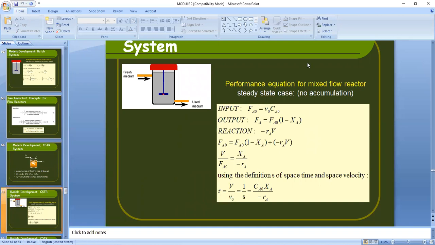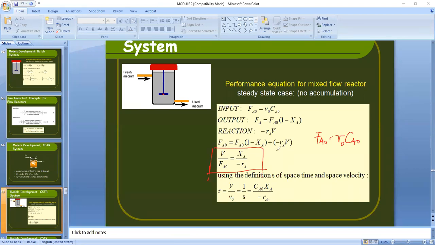That formula is this. So if you intend to make a summary of formulas, this would be the formula for your mixed flow reactor. It is easier because it needs no integration process. You need not integrate. Only you need to take note that this FAO is equal to the volumetric flow rate times the initial concentration.